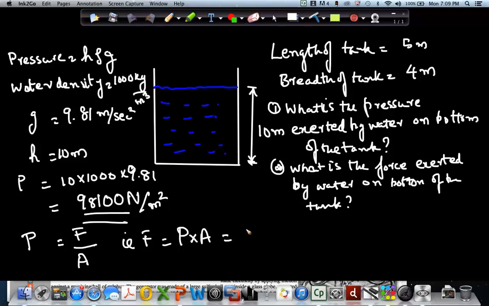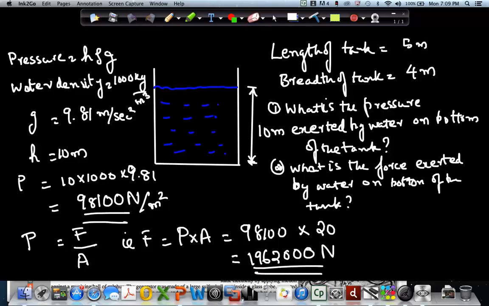Which basically means it will be 98,100 into the area. What is the area? Area is going to be length into breadth, which will be 20. Yes. So that is going to be 1,962,000 Newton.